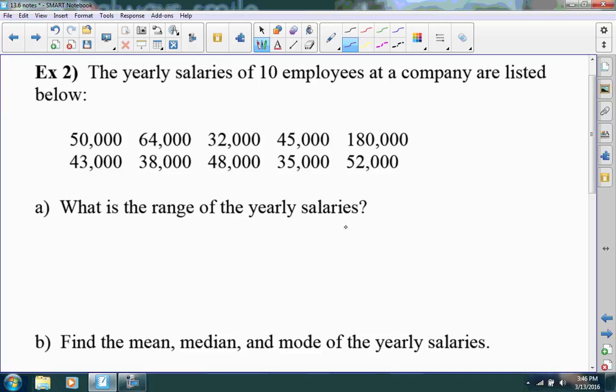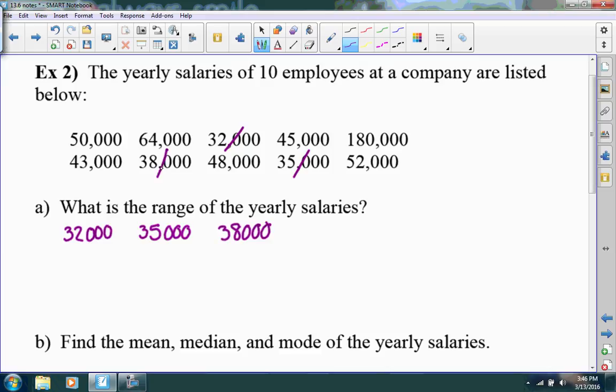So let's see here. My smallest is going to be the 3200. I'm sorry, 32,000. And then I have 35,000. And I kind of like how they have these stacked into two rows here. And then next is 38,000.